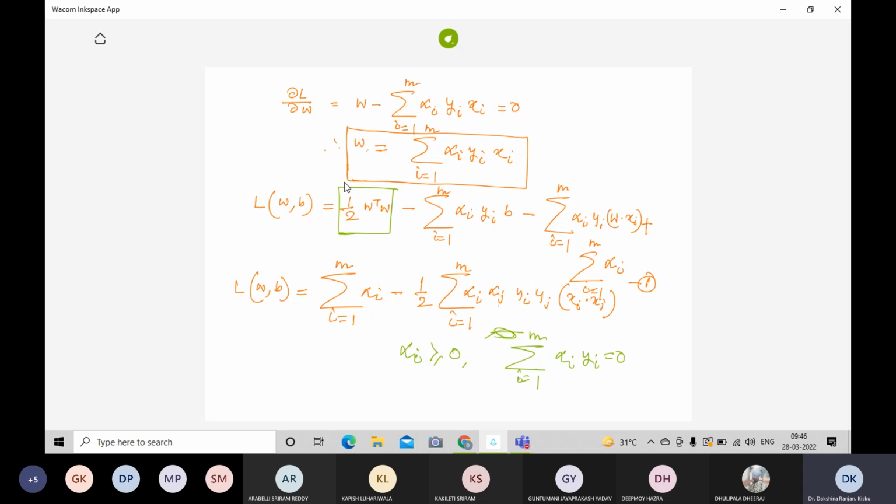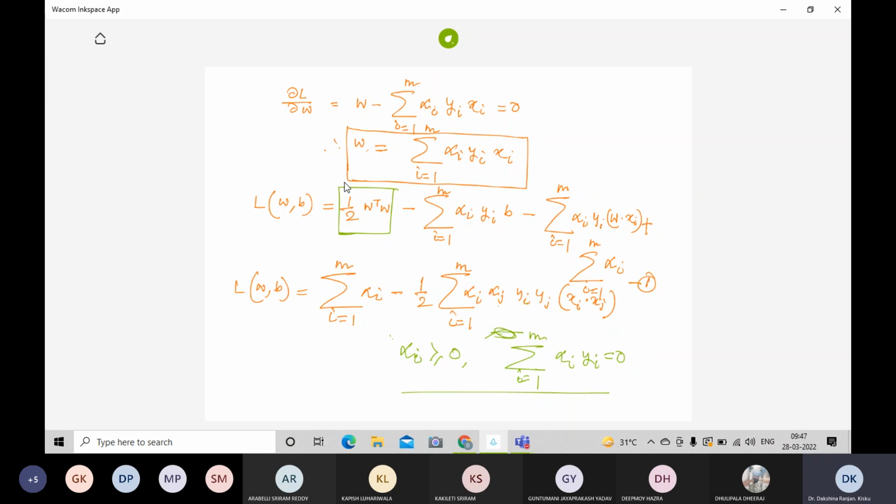Okay, so after considering these two conditions, alpha i greater than or equal to 0, where alpha is the Lagrange multiplier, and summation over alpha i yi equals to 0, this is another constraint. After considering both of these, we can have this Lagrangian equation: summation over alpha i minus half of summation over alpha i alpha j yi yj into xi xj. Okay.